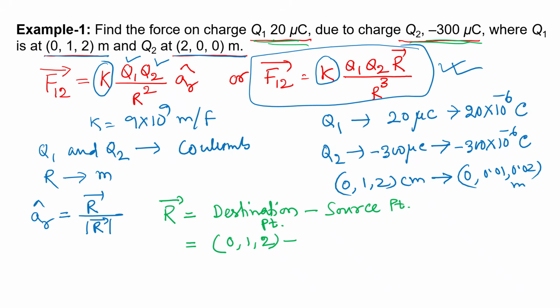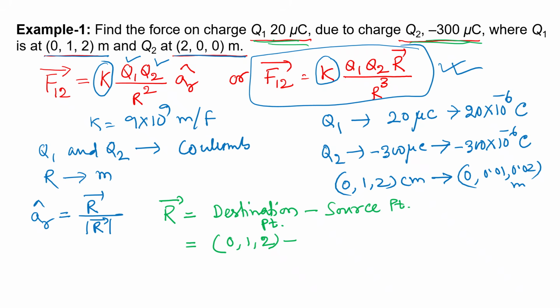I hope it is clear how I am differentiating destination and source. Practically, there is no such thing called destination and source. I'm just using these terms for solving the problem in an easier way.